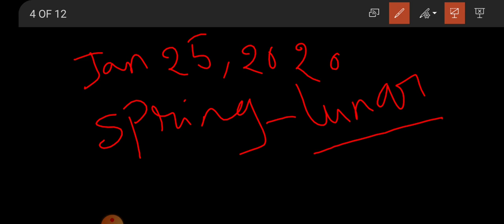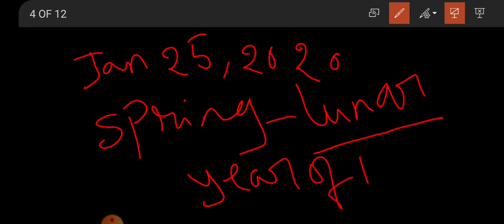So for 2020, the name they gave is the Year of the Rat. According to the Chinese astrology, this is the Year of the Rat. These celebrations of New Year were actually postponed in the country this year because of the coronavirus.